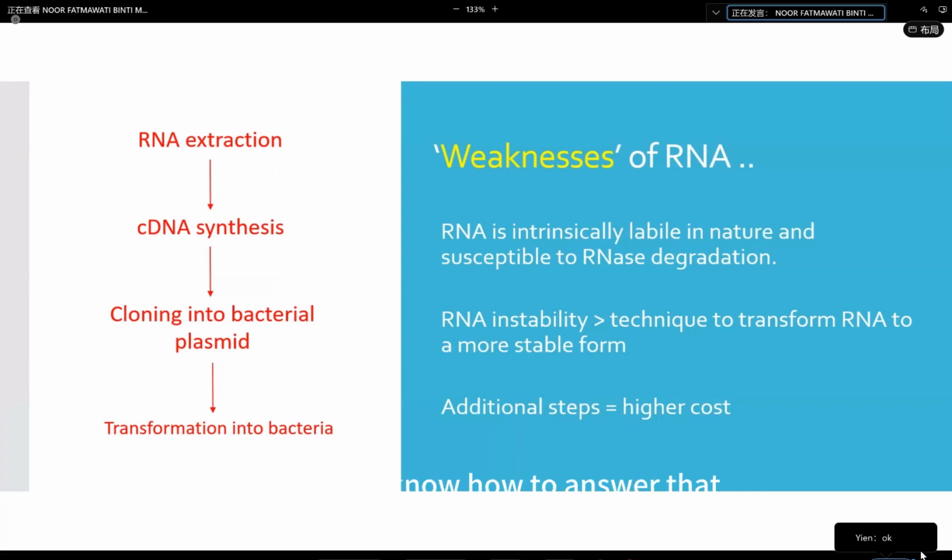I don't know how to answer that, but what I know is that we understand viruses, especially the retroviruses with RNA genetic material. They use reverse transcriptase to convert their genetic material from RNA to DNA.